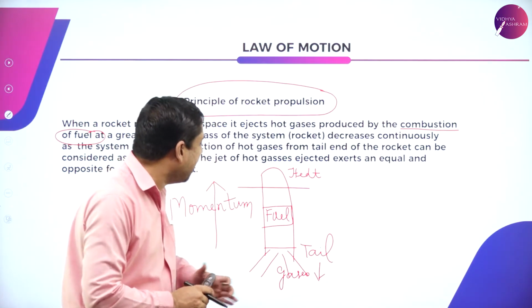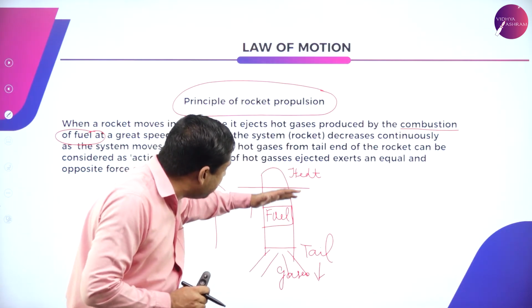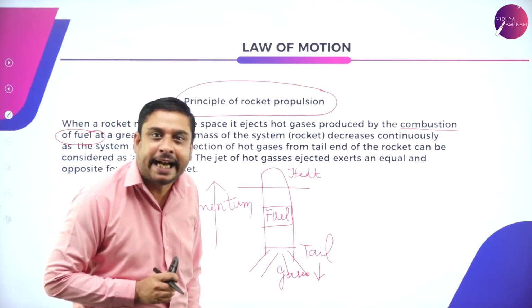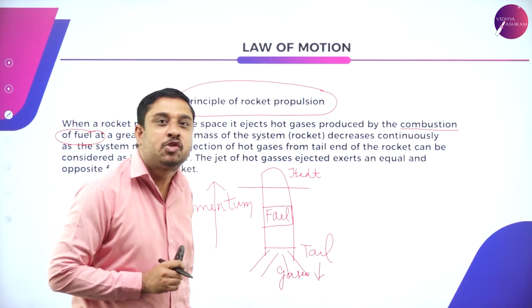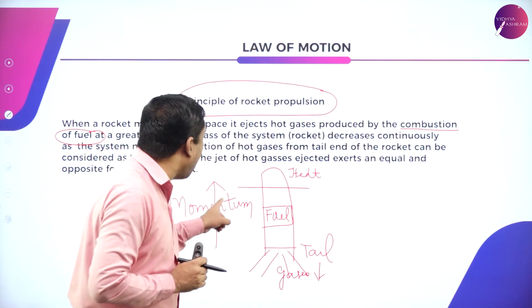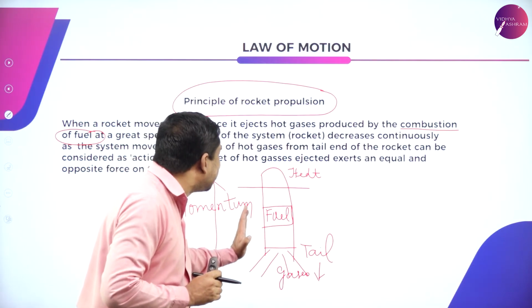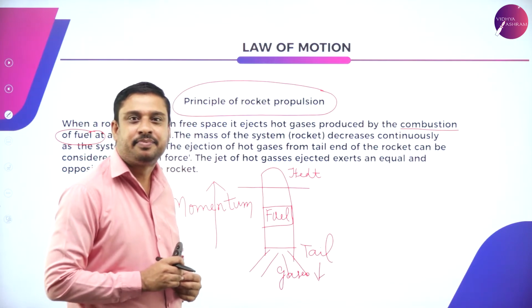Very beautiful. All excess gases are coming out from the tail of the rocket, so that the rocket gains momentum in the opposite direction and it can set itself into the outer space.